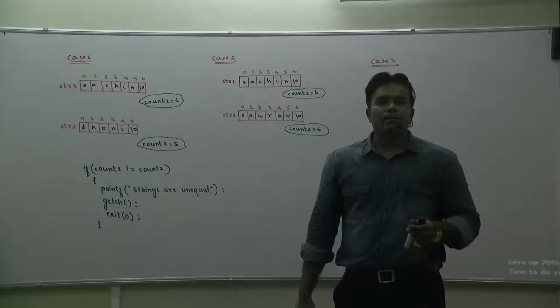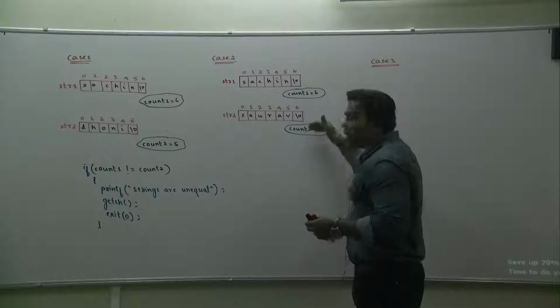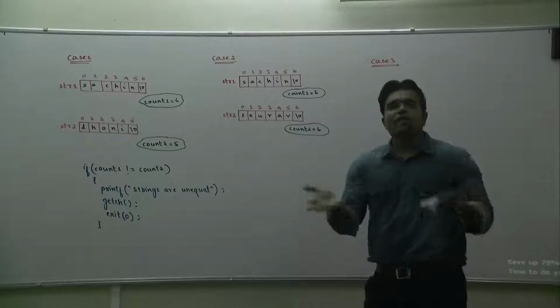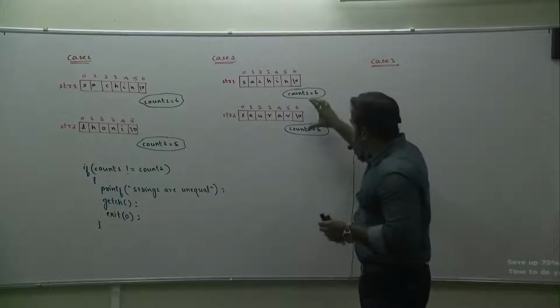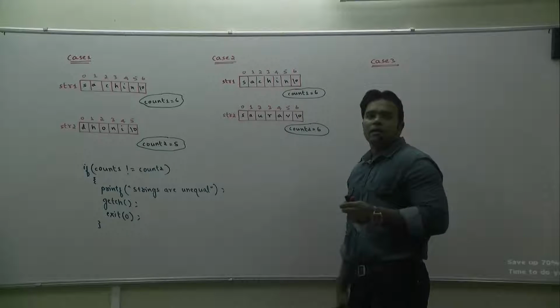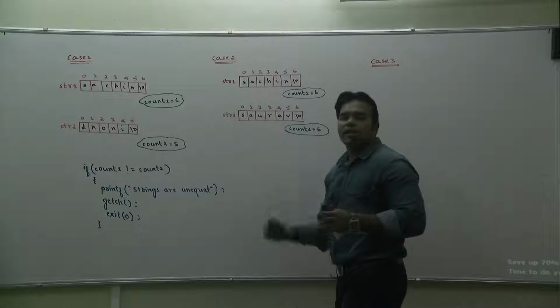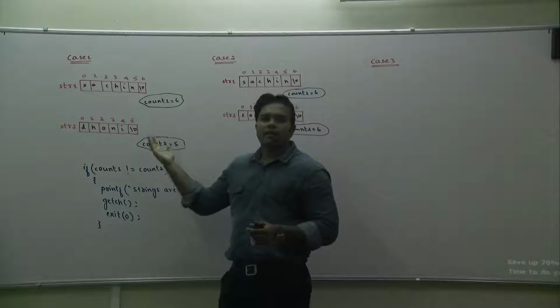Certainly no. In other words, when the counts are equal, you can't conclude that the strings are equal. You can't conclude. Rather, if the counts are equal, then you should check character by character. You may tell, sir, then in the last time, why didn't you check character by character? Why should I check character by character here?